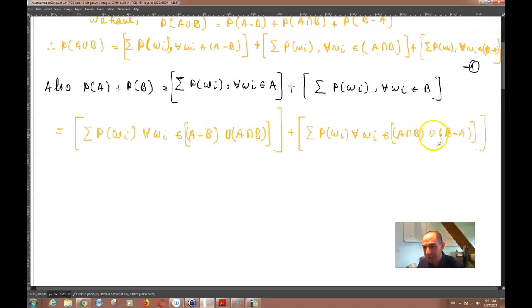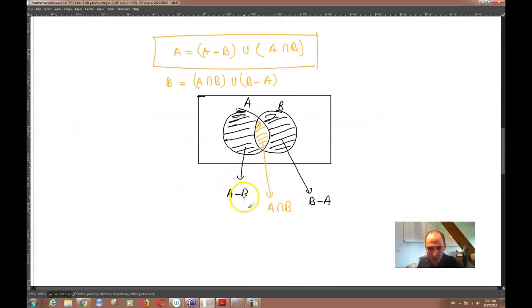Also, A intersection B and B minus A are again disjoint sets, and you can see that very clearly over here. You see A minus B and A intersection B are completely disjoint sets. And by the same logic, B minus A and A intersection B are completely again disjoint sets.